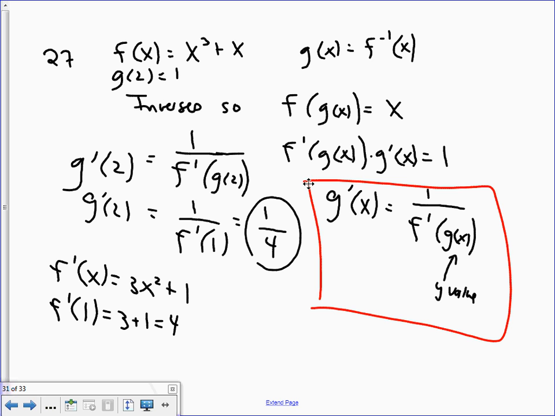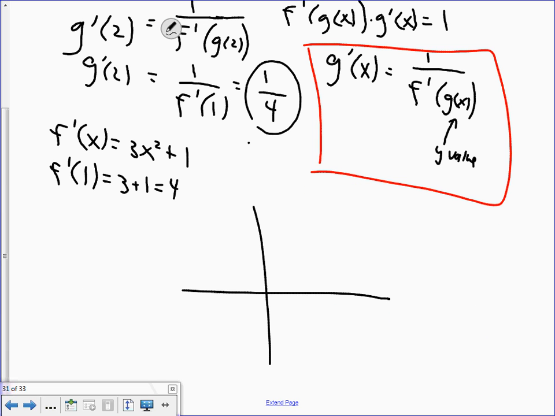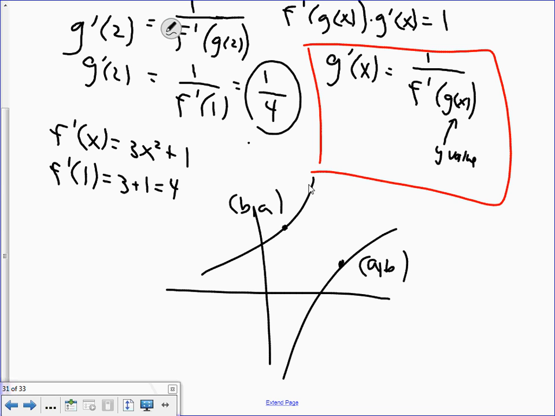And all that comes from the fact that when you have a function and its inverse, the slopes will be reciprocals, so the slope over here at AB will be the reciprocal of the slope over here at BA. Okay, so at different x values. So in this problem, they said, okay, what's the slope of the inverse at 2?